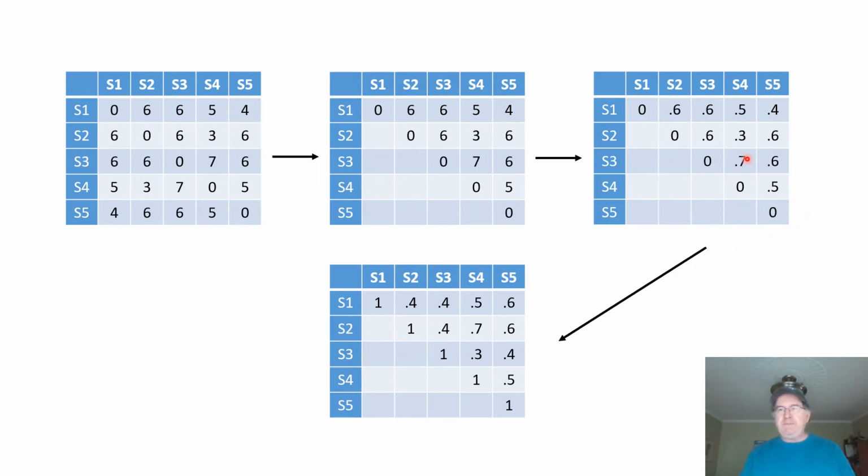So from dissimilarity to similarity, basically subtracting these values from 1. So now my diagonal is converted. S1 is perfectly 100% similar to S1, S2 to S2, etc. So that's what this is. This is basically a distance matrix here, or, if you care to think of it that way, a similarity matrix.